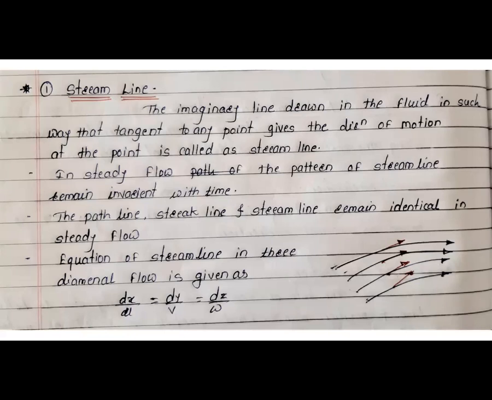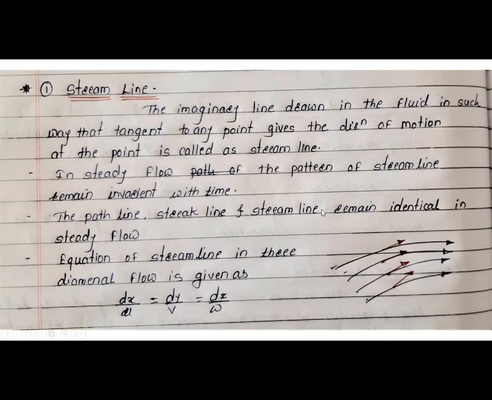If we consider the imaginary line in the flow, and at any point on the line we draw the tangent, the line is a curve having some amount of curvature. The tangent at a particular point shows the direction of motion of that fluid.